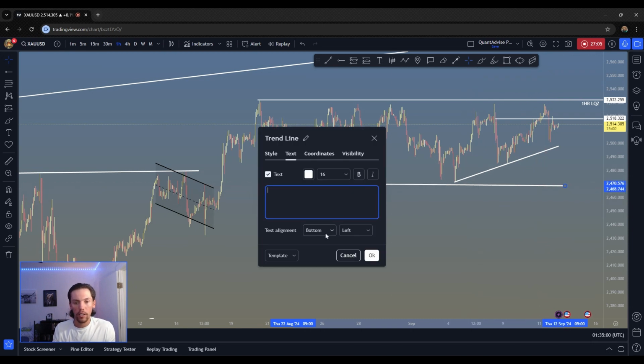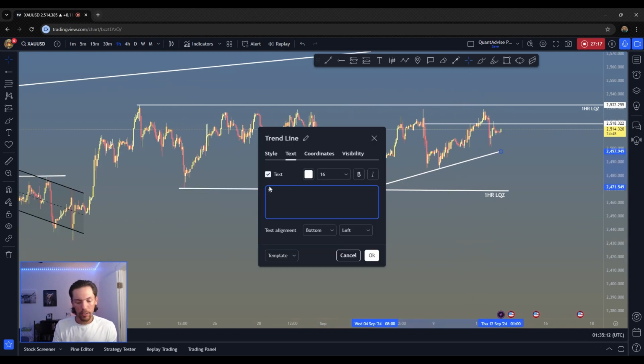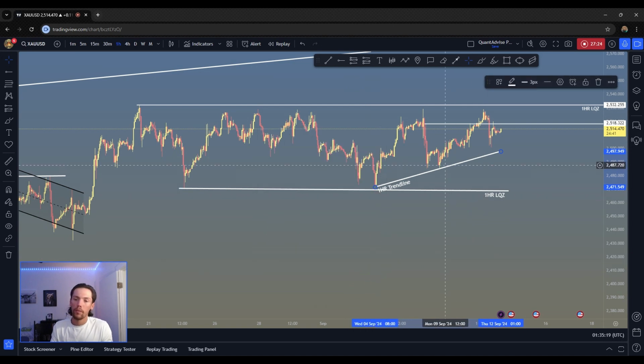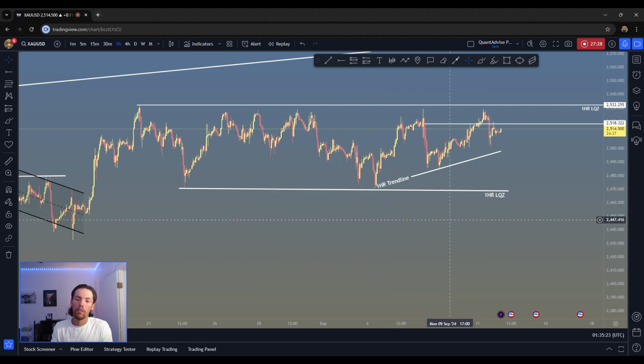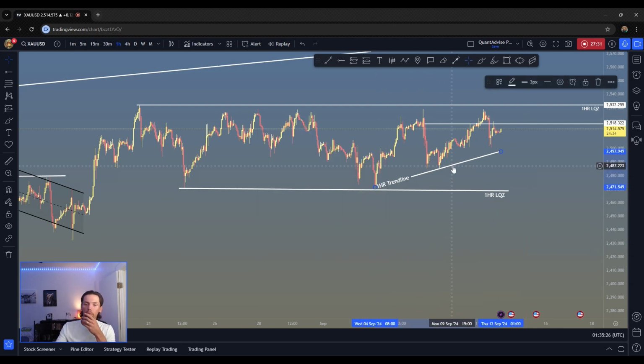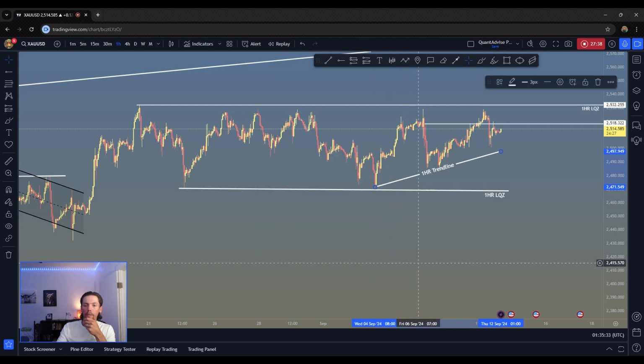This is a 1 hour liquidity zone as well. And then this is a 1 hour trend line. We'll put that in the center. There.